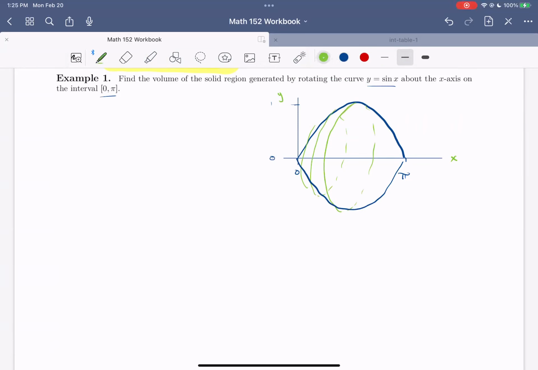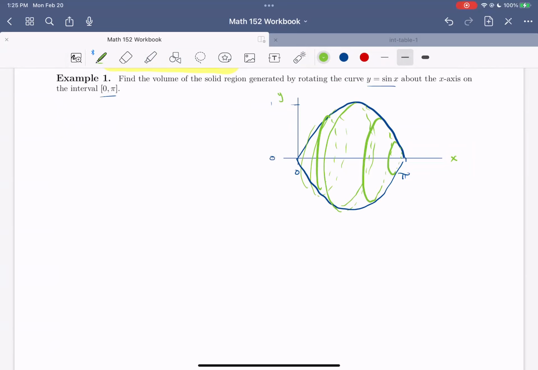And then that solid shape kind of protrudes from the paper. We get a shape like this, kind of like a football or a lemon or something of that nature. All right, and so we want to find the volume of this shape.